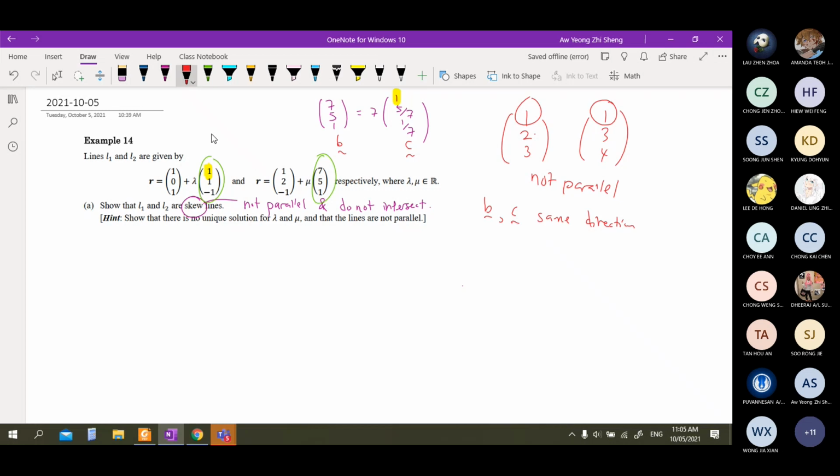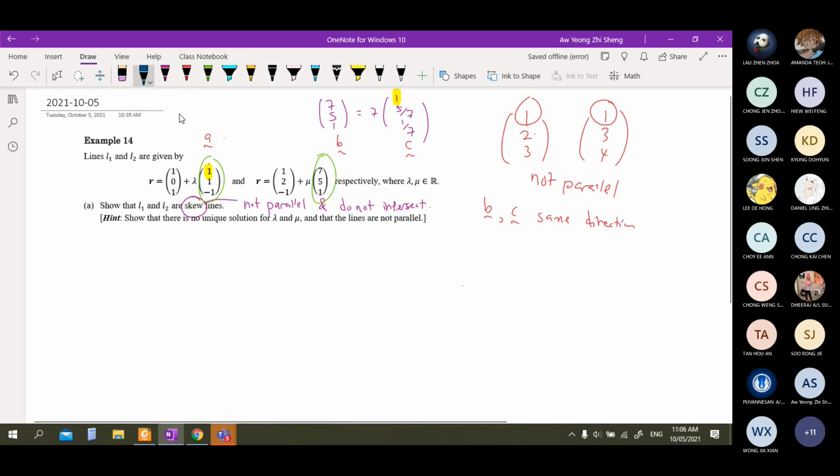And we know that A is not parallel to C, because A and C have the same x component, but the yz components are different. And so if A is not parallel to C, A is of course also not parallel to B, because B and C have the same direction. This is the logic that we are going to use here.